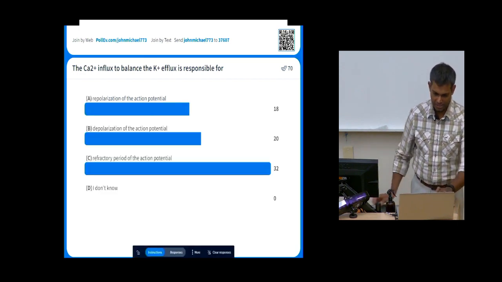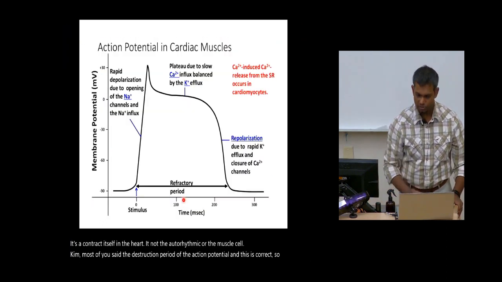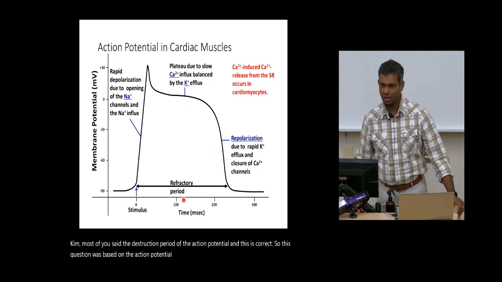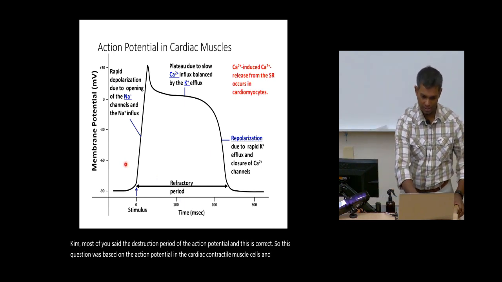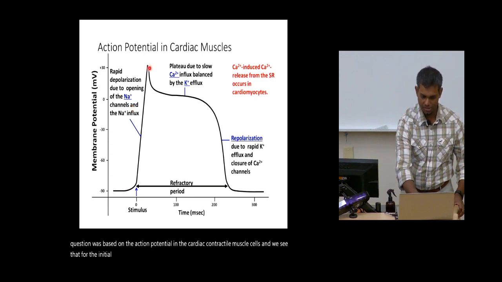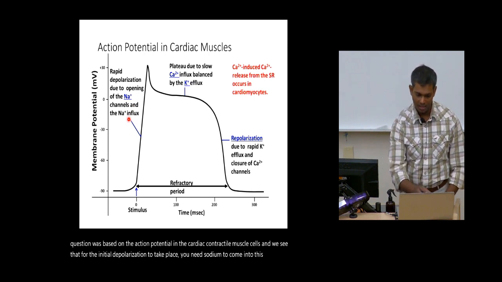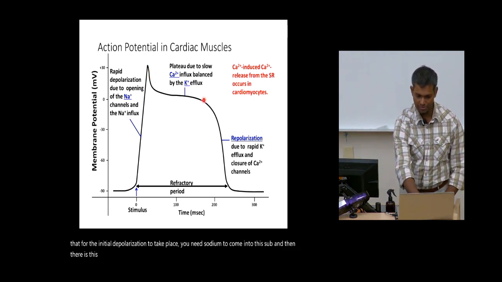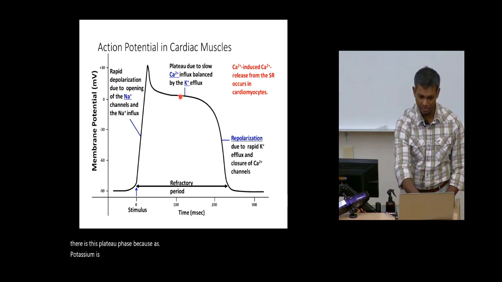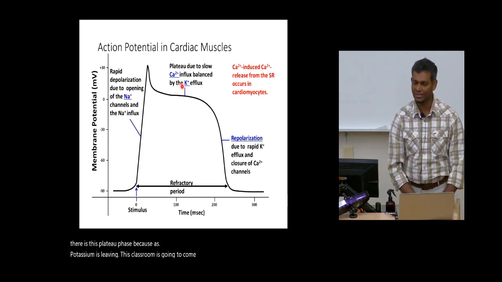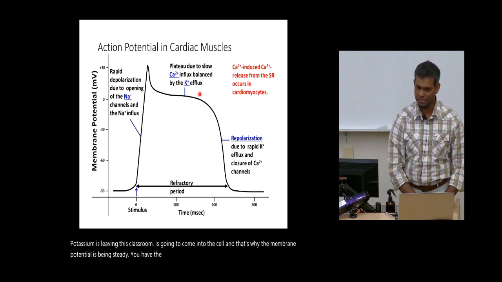Okay, most of you said the refractory period of the action potential, and this is correct. This question was based on the action potential in the cardiac contractile muscle cells, and we see that for the initial depolarization to take place, you need sodium to come into the cell, and then there is this plateau phase, because as potassium is leaving the cell, calcium is going to come into the cell, and that's why the membrane potential is steady.